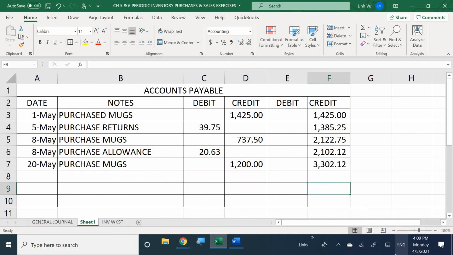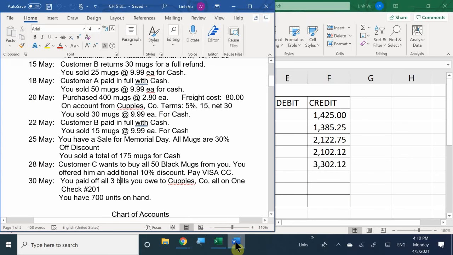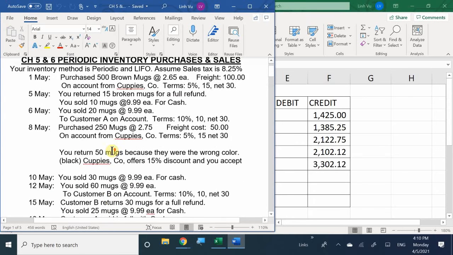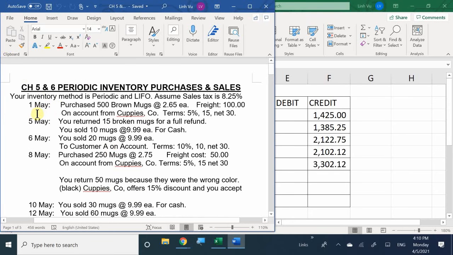Okay? Now, can we get a discount? Good, I was just about to talk about that right now. Okay? Now let's take a look carefully. If our purchase is on May 1st, right, and we were given terms of 5%, did we meet the discount or did we fail to meet the discount?